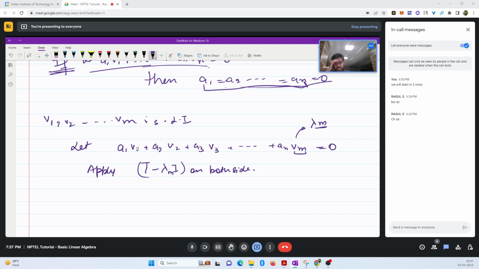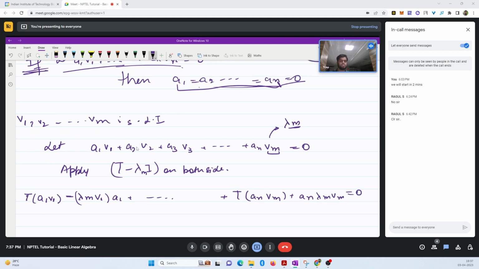So what would the first entry give you? First one would give you T of a1 v1 minus lambda m times v1, with a1 also there. Similarly, you will get till the last term. In the last term, you get T of am vm minus am lambda m vm, and this is equal to 0.